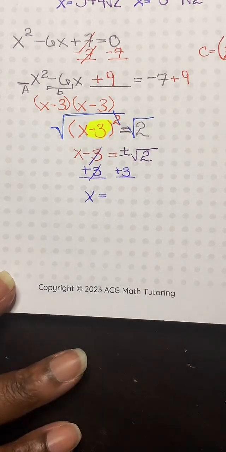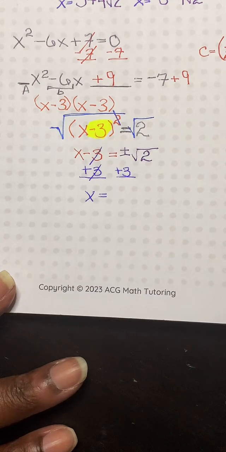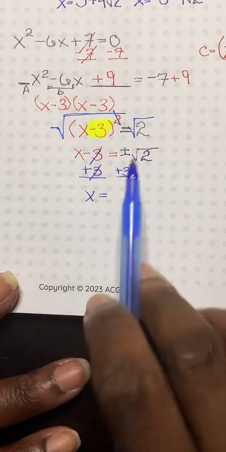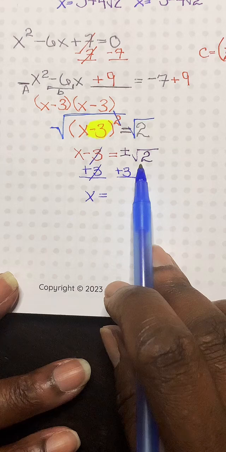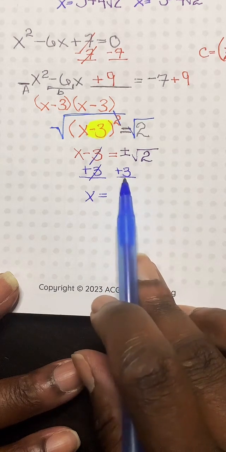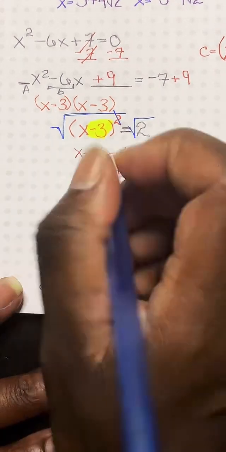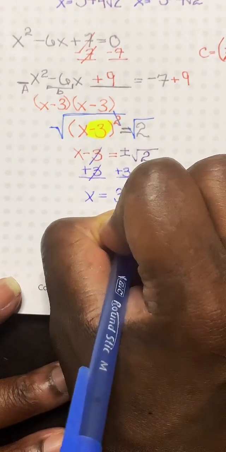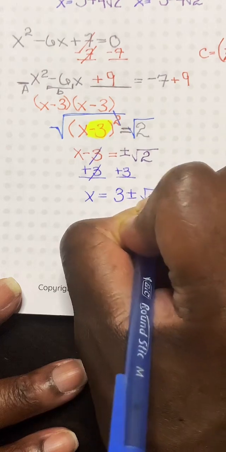Okay, so the 3 isn't the one that's doing the plus minus. The plus minus is attached to the square root of 2. This 3, that's a whole number. So it's going to be 3 plus minus the square root of 2.